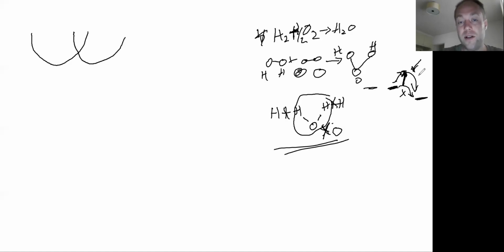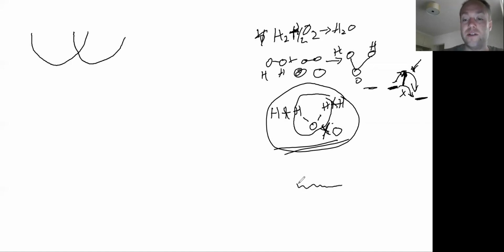What catalysts help do is make this structure favorable. They make it so it's not such a bad penalty. You might have a surface, and your hydrogen molecule and your oxygen molecule come down and attach onto the surface.